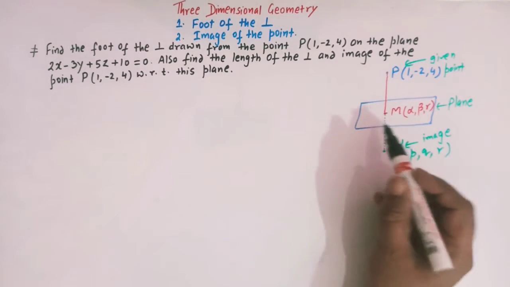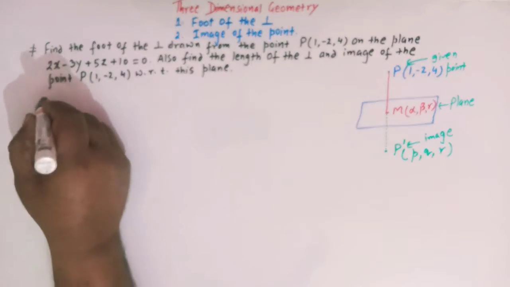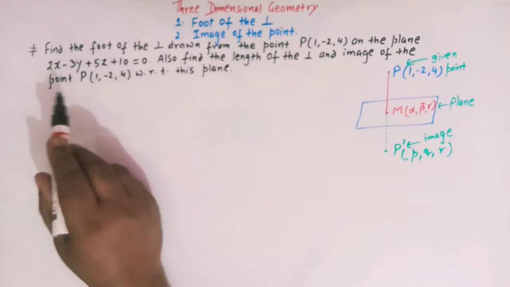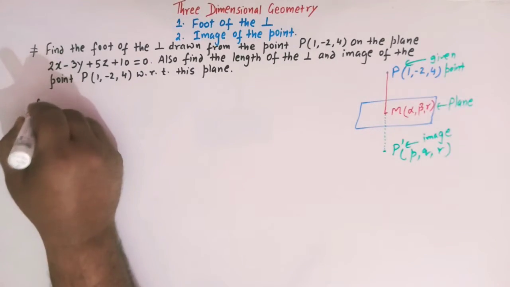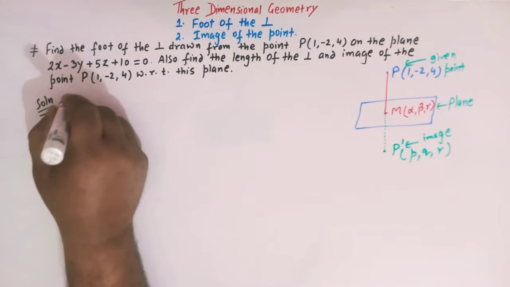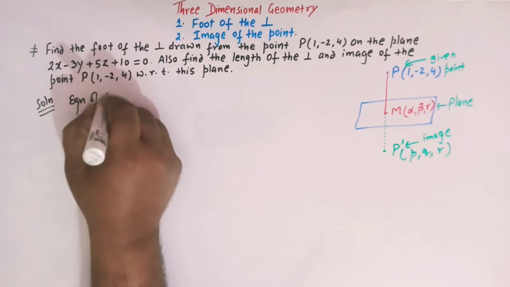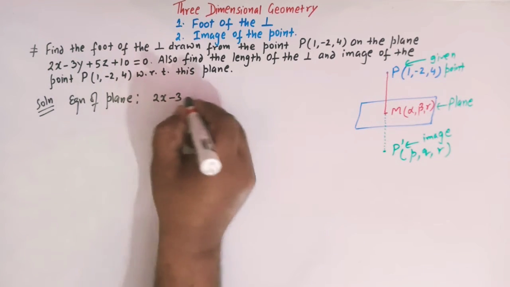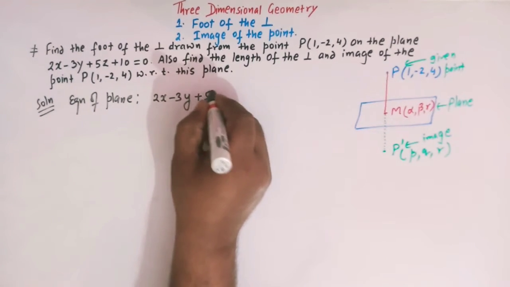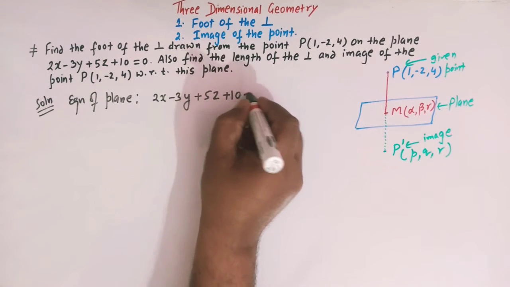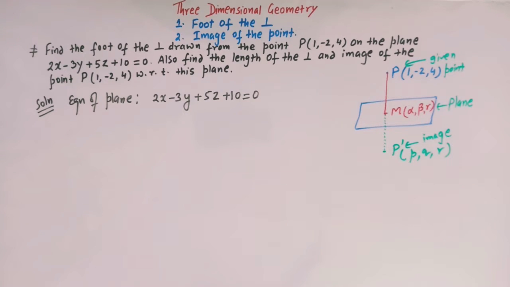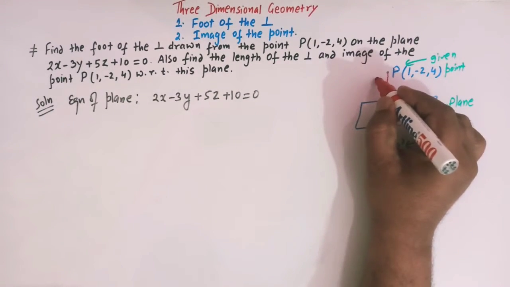Now viewers, we know that the important component of a plane is its normal. So here we are given the equation of plane as 2x - 3y + 5z + 10 = 0, and the normal to this plane is like this.